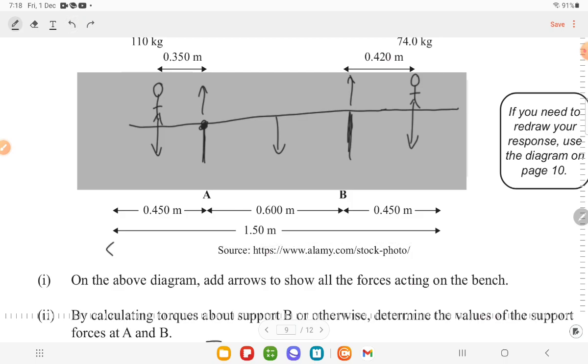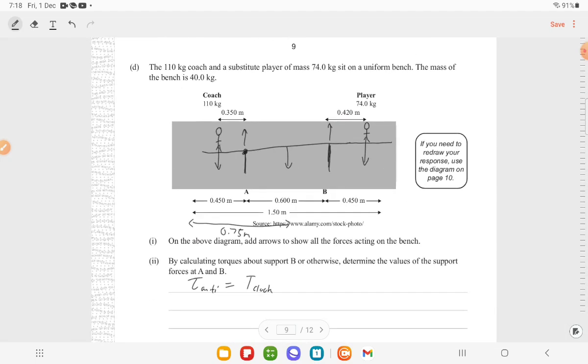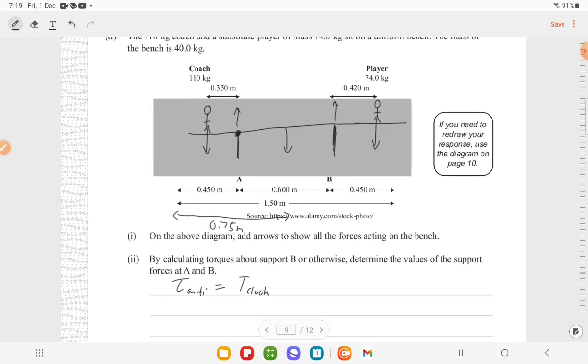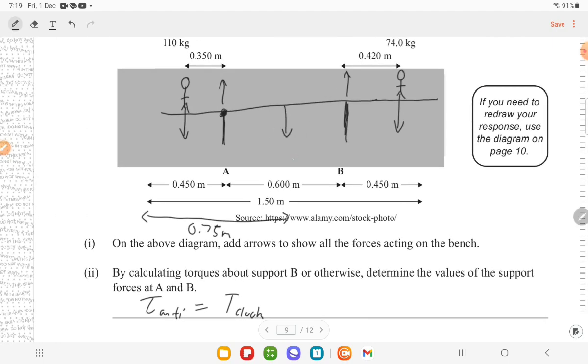From here to midway is 0.75 meters, and this point A is, wait, let me just check. Okay, yeah. This bench is 0.3 meters away from the center of mass, so it's been shifted 0.3 meters.